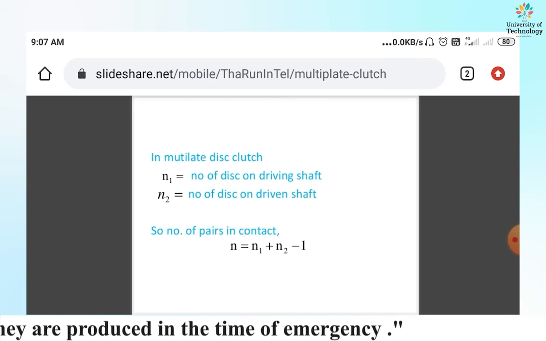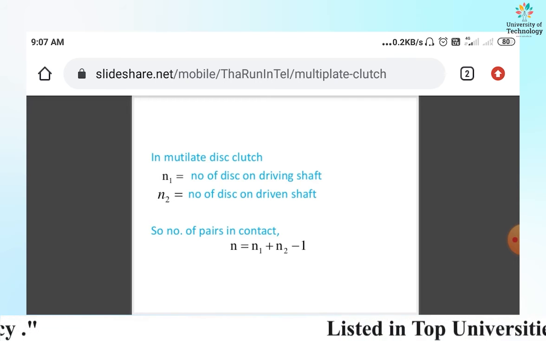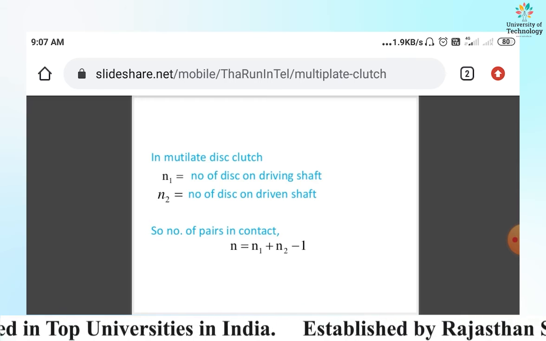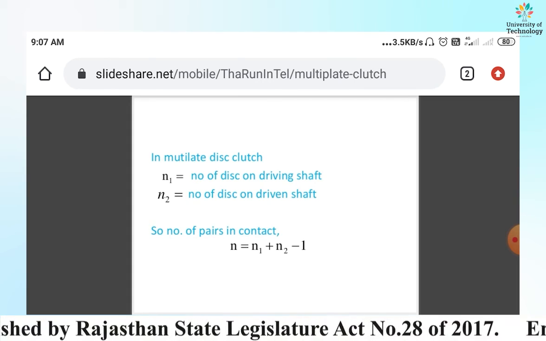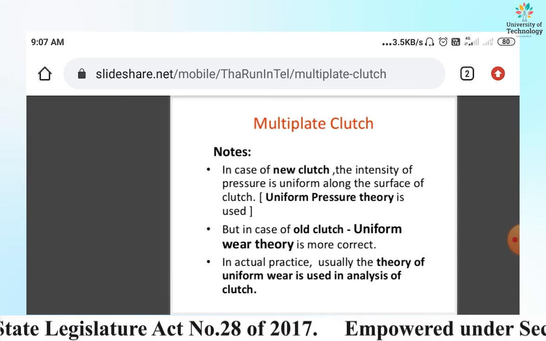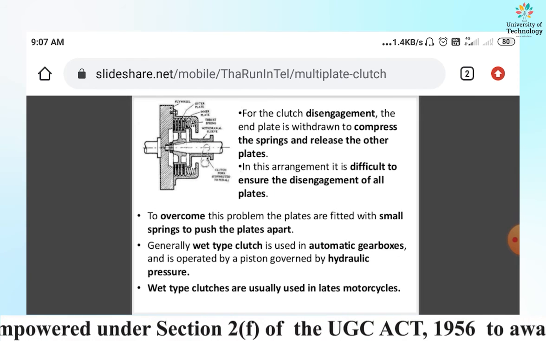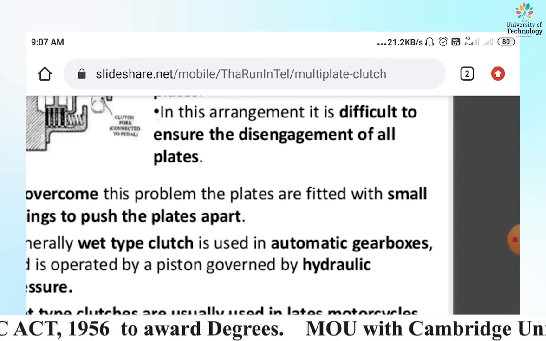So the number of pairs in contact will be n = n1 + n2 - 1. I hope you understand the multiplate clutch.